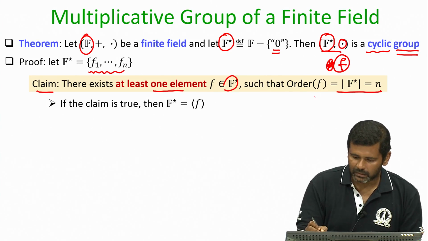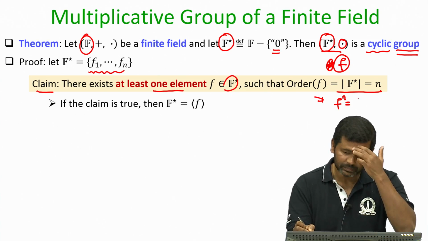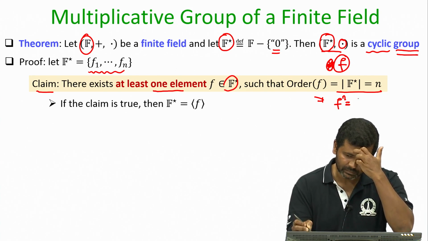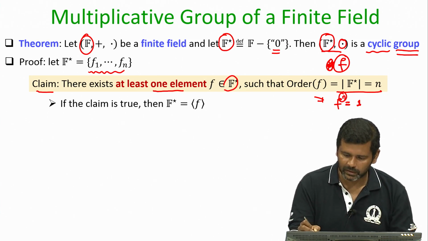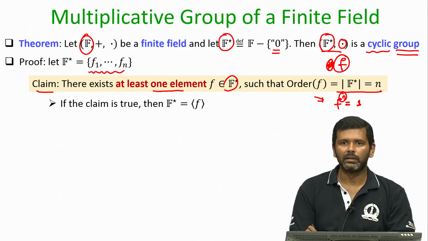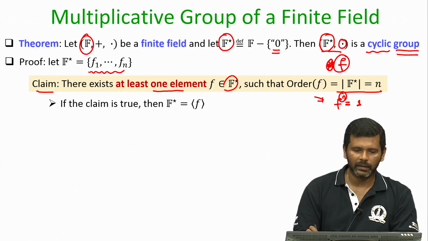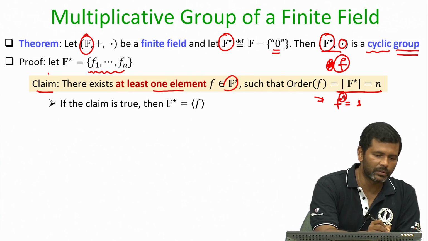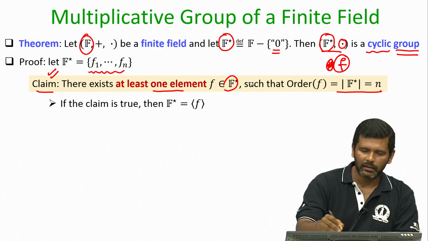By that I mean that f to the power n is your identity element and n is the smallest such positive integer.